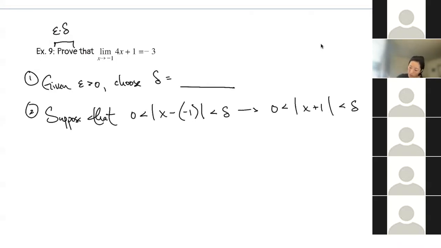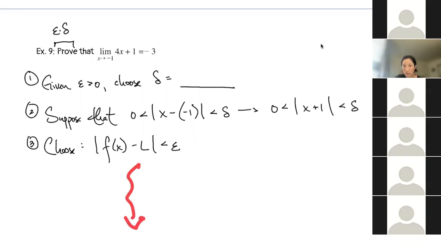Now, before we do our 3rd step, where we choose our f of x minus L, which is less than epsilon, as we work through this, what do we hope to see inside the absolute value at some point?